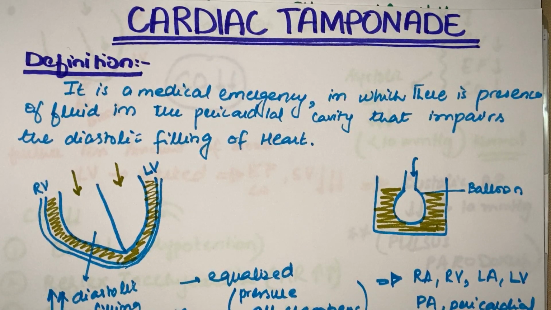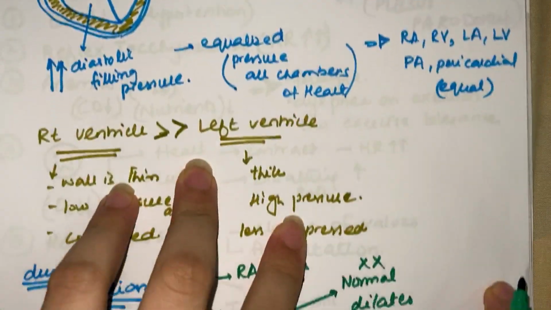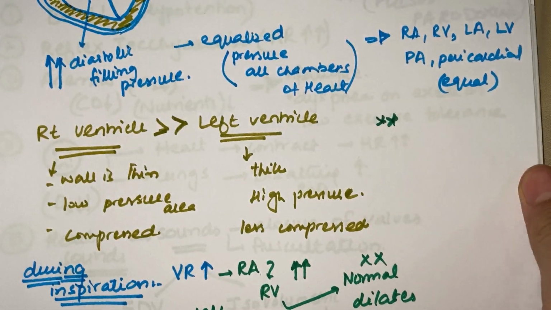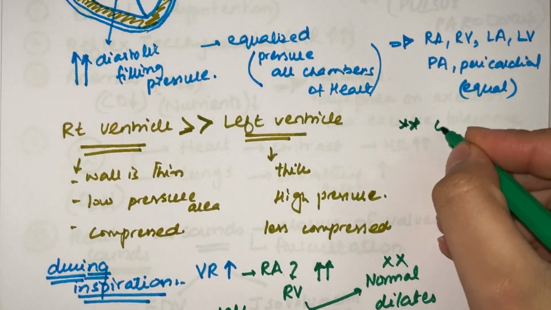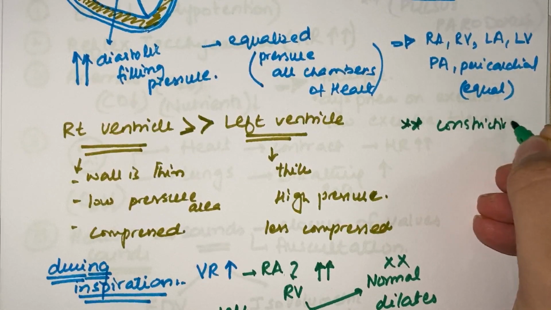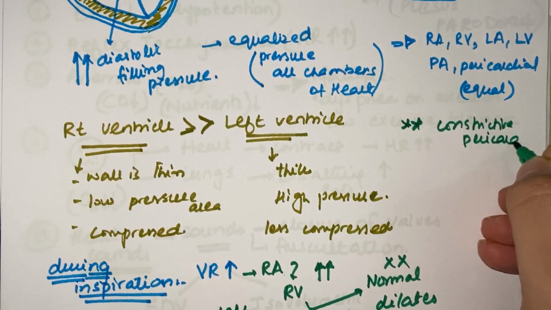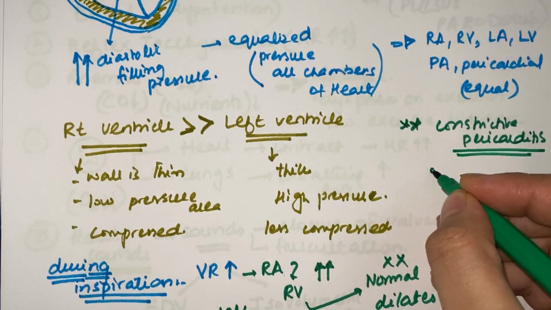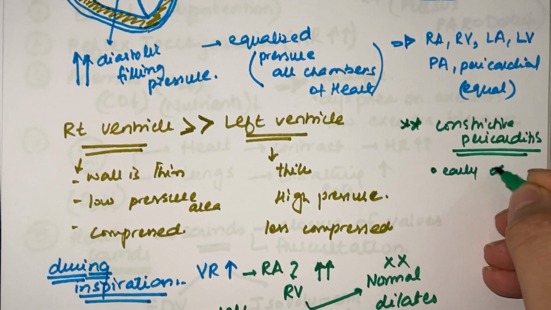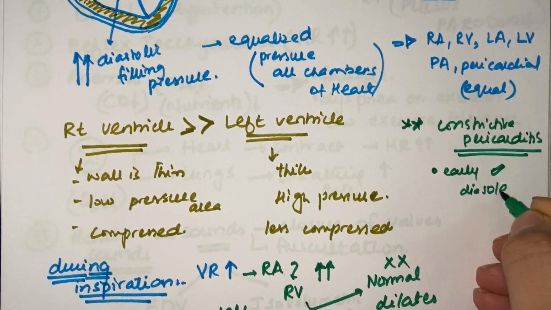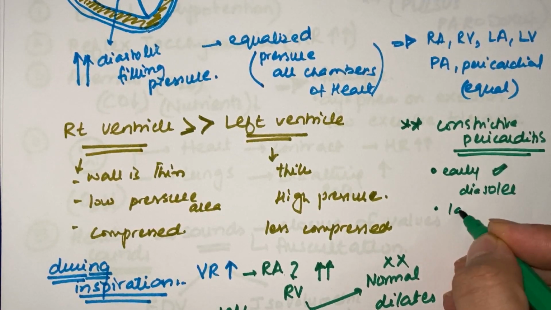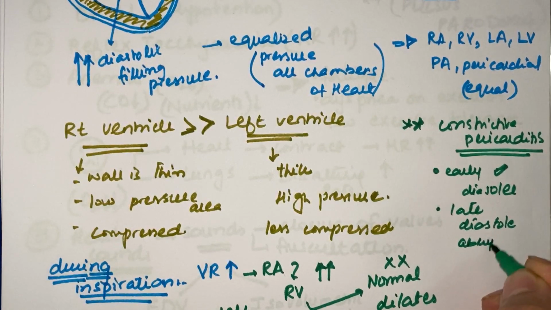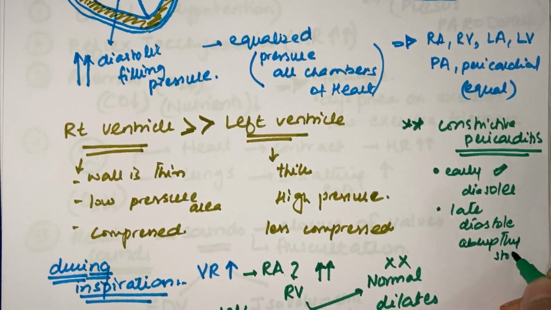Now, one very important point that I'll write here as a star: you have most probably heard my previous video, and if not, go ahead. In constrictive pericarditis, diastolic filling of the heart is also affected, but in it early diastole is normal and late diastole is affected, abruptly stopped.